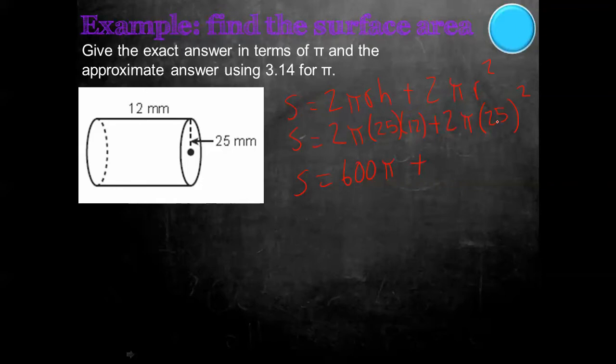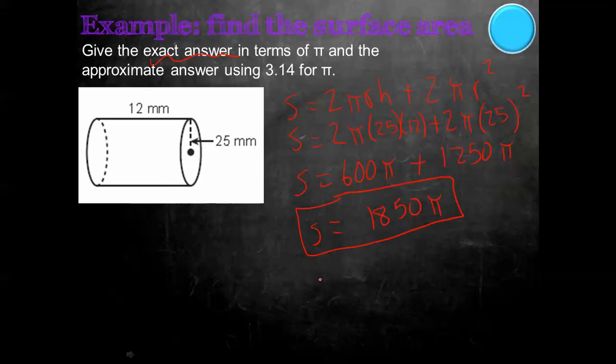We're going to multiply that by 2, which is 1,250 pi. Now, since both of these have pi, we can call these like terms, then we can add this 600 and this 1,250 together. And that's going to give us 1,850 pi. Okay, so that's our exact answer right there.